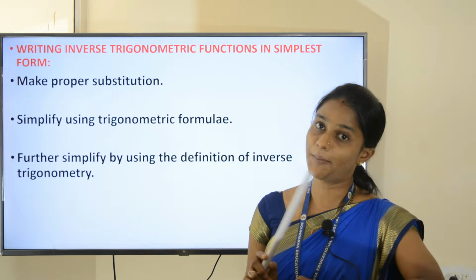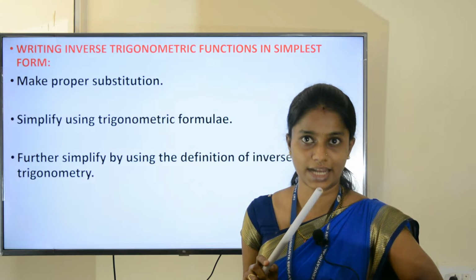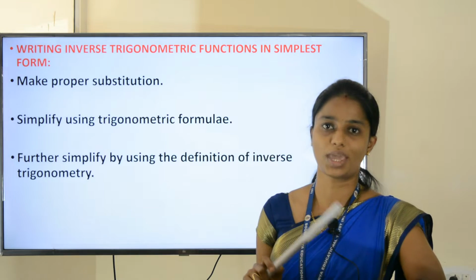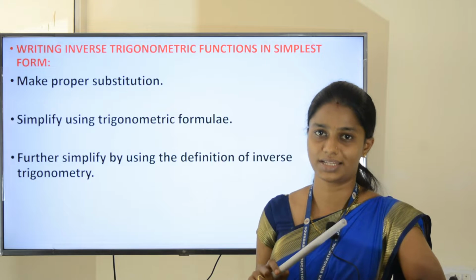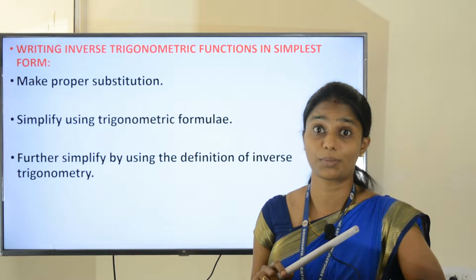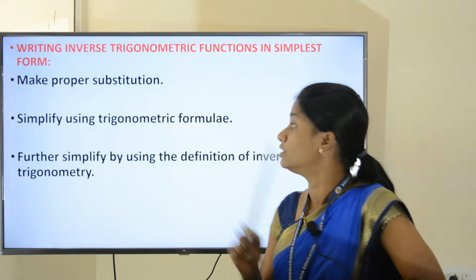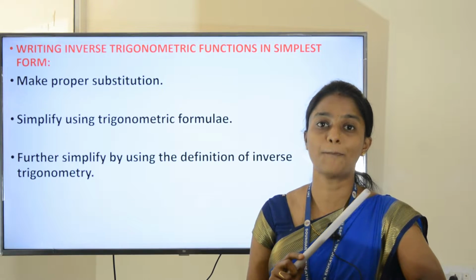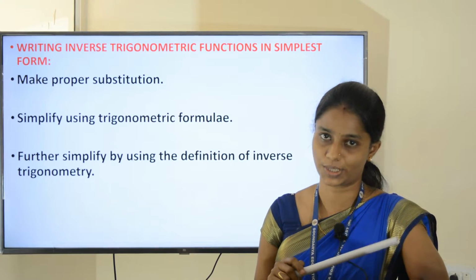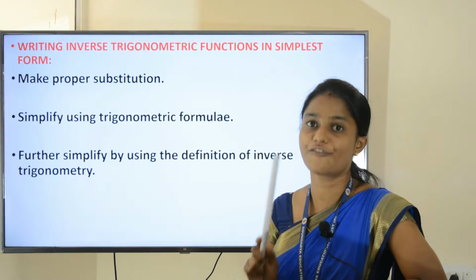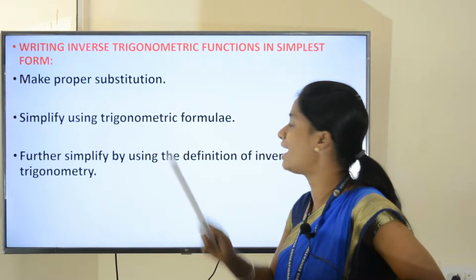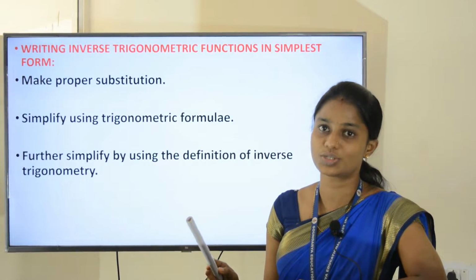They may give some expression that may be in terms of x square minus a square, or a square minus x square, or maybe x square minus 1. By that time we have to do the proper substitution. Second one is, if necessary, you can apply trigonometric formulae to simplify.